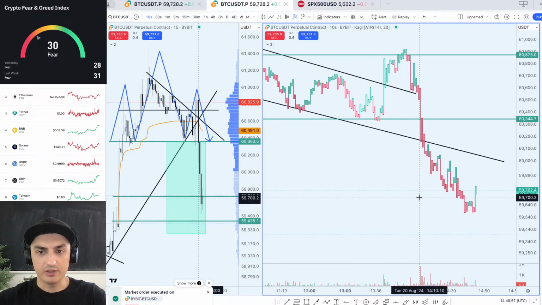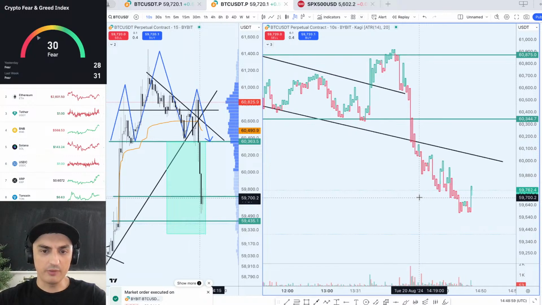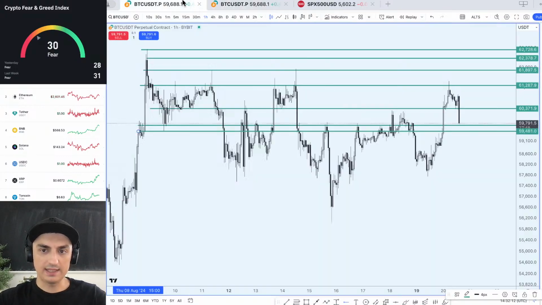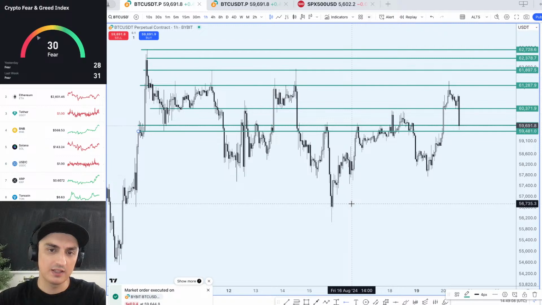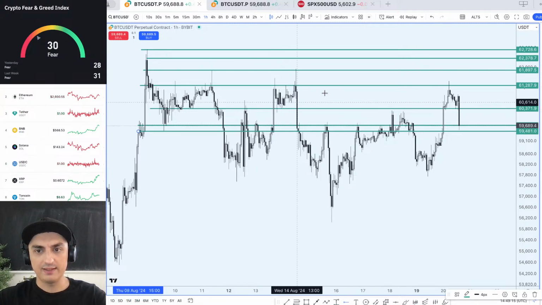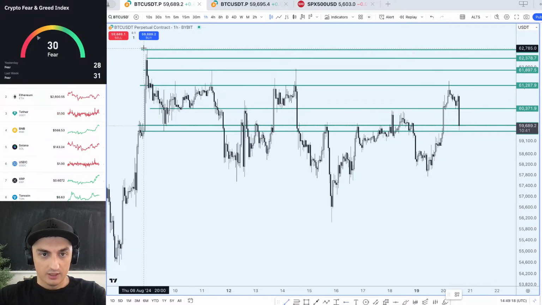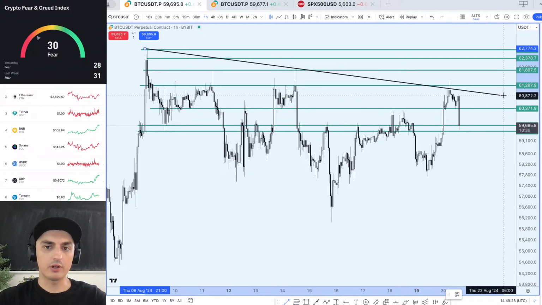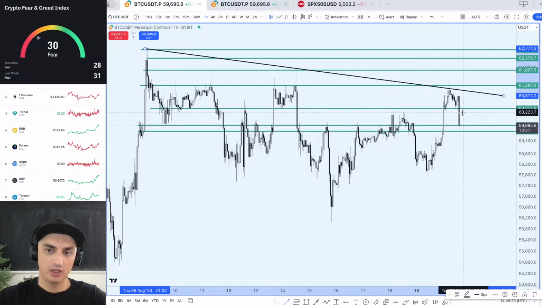So Bitcoin over here is making a possible rebound from this area. I'm not really sure if it's going to retest 6300s. So let's do some quick checks on the chart. What we got over here on the hourly time frame, basically we created another lower high.